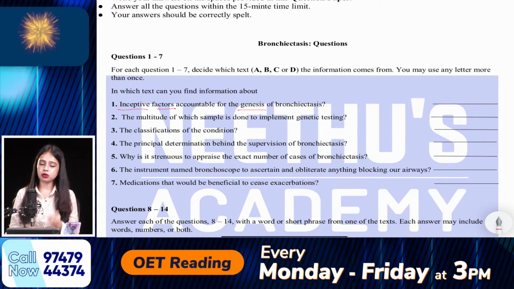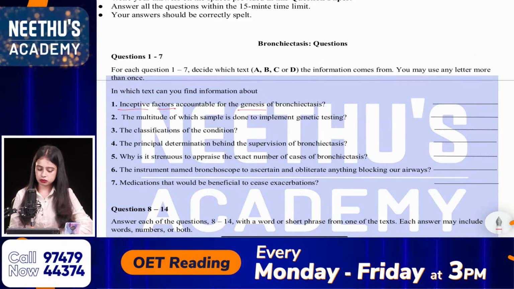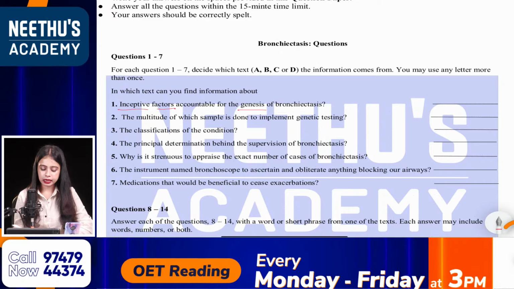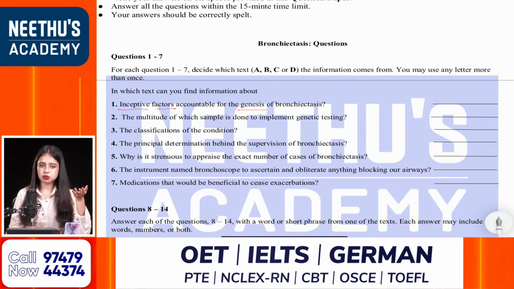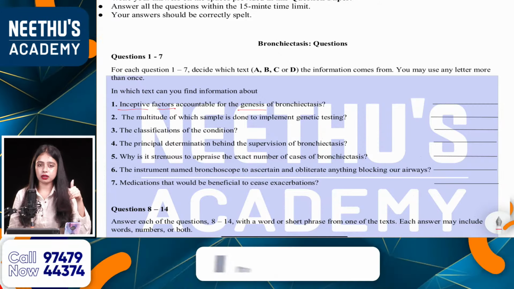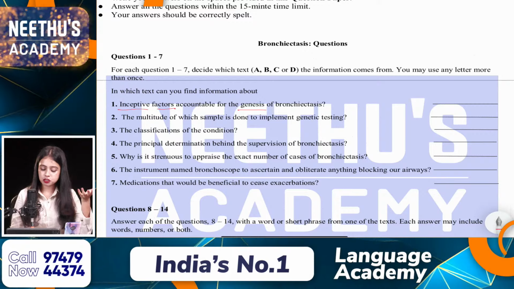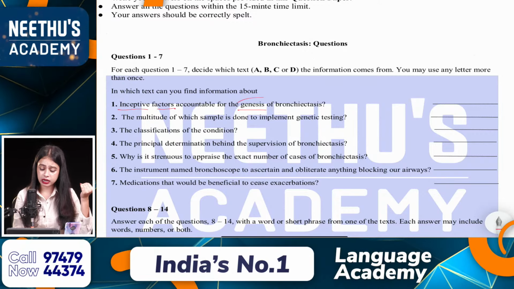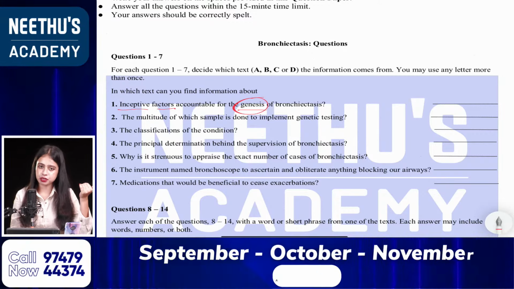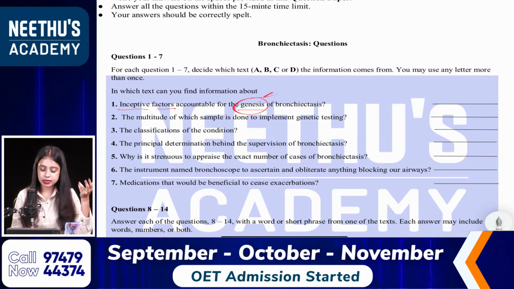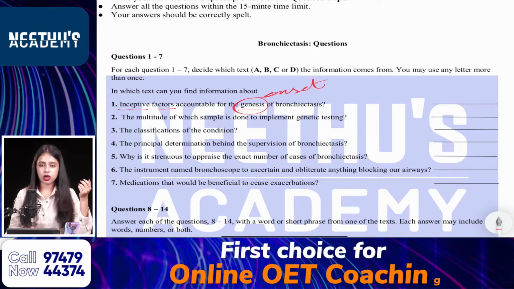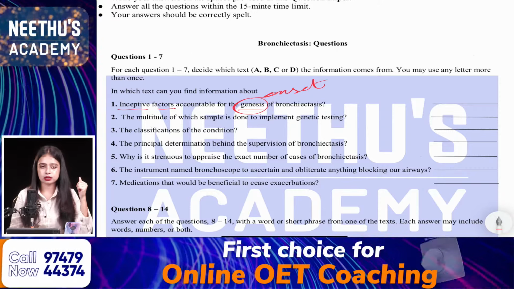Here there are synonyms plus keywords. What are the synonyms? Inceptive, what is it? Initial. Inception means initial. Factors responsible for the genesis. And what does genesis mean? Onset. Starting off the disease condition.